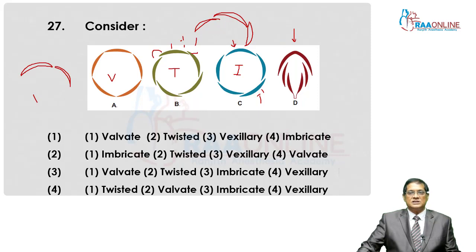And see this one, this is a pre-medical question. The total number of petals is 5, in 3 whorls. The largest one is the standard.